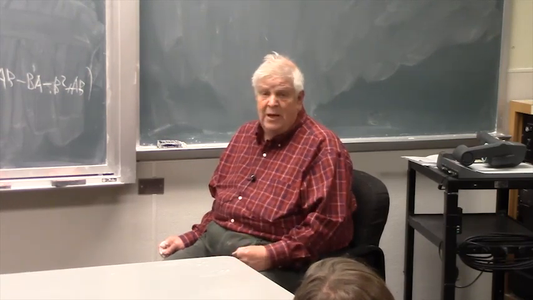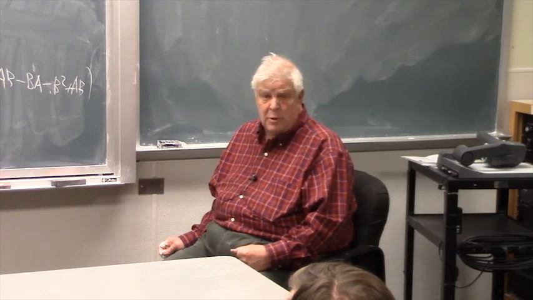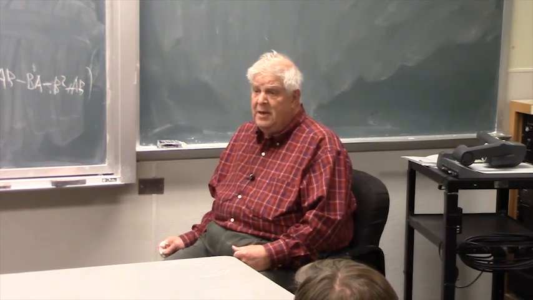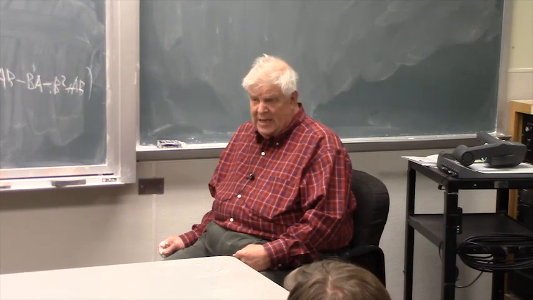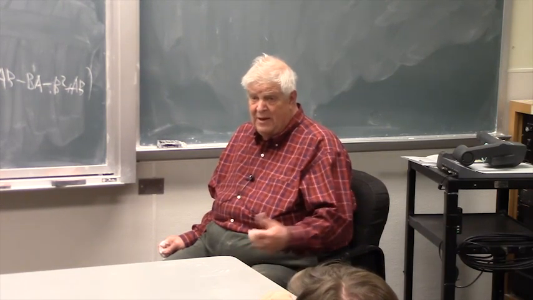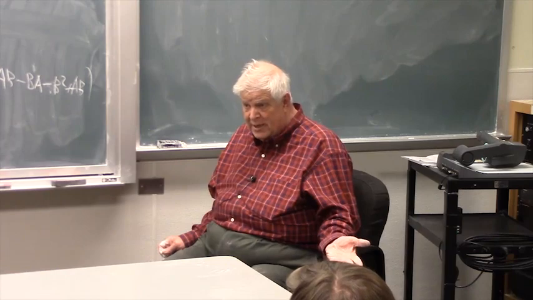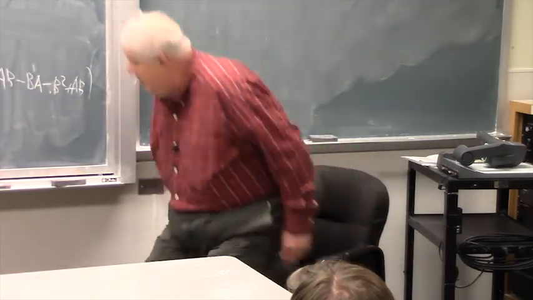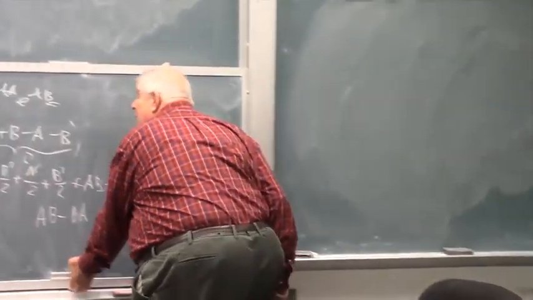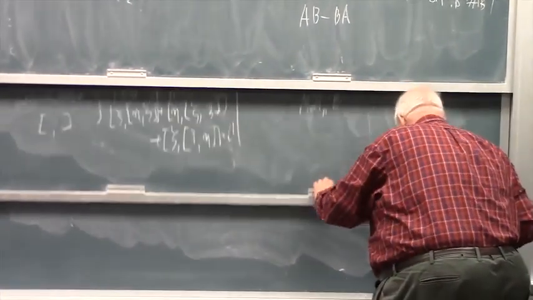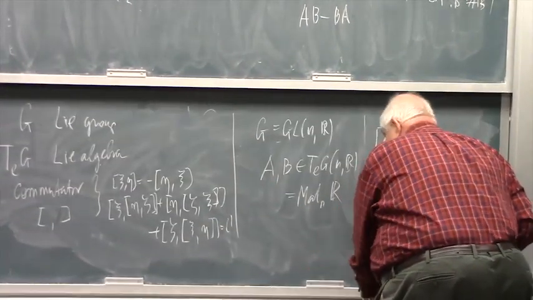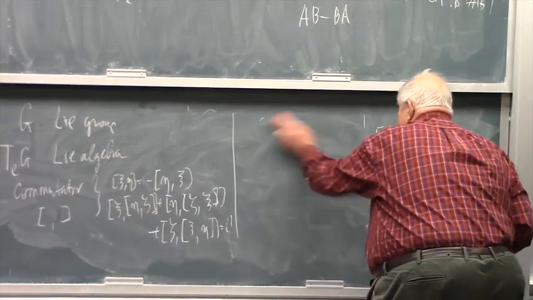In particular, if we have a subgroup of a Lie group, then the corresponding Lie algebra is a subalgebra of the Lie algebra of this Lie group, right? To say that GL_n(R) has many subgroups is to say nothing.